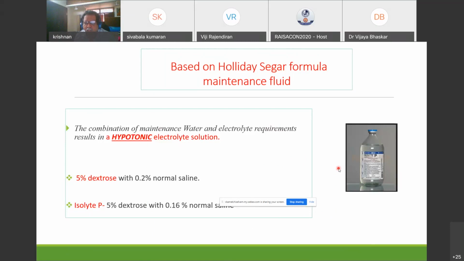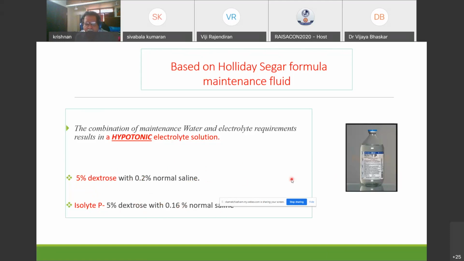So when they used both the amount of water requirement, that is the 4-2-1 formula, and the electrolyte requirement, the 3-2-3 formula, they came up with this particular solution, Isolyte P. Okay, problem is it has got 5% dextrose, but a very low sodium, 0.2% normal saline. So that is 5% dextrose, 0.2 normal saline, or this Isolyte P, which is 0.16% normal saline.